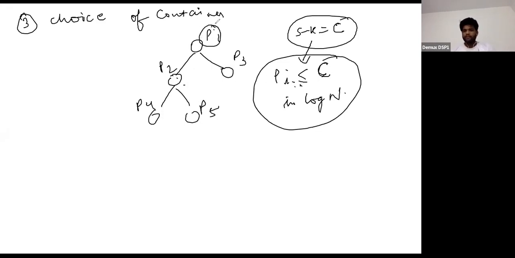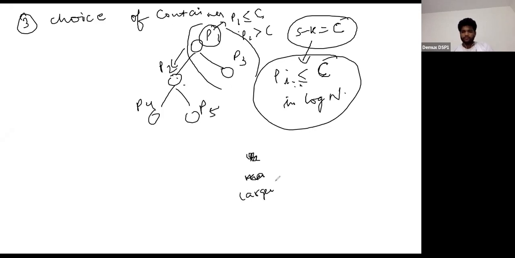You compare P1 with C. Two cases: either P1 is less than or equal to C, or P1 is greater than C. If P1 is greater than C, then you can discard this entire subtree and move here. If P1 is less than or equal to C, you keep a variable, largest minimum, let's call it. You can make it equal to P1 to start with.